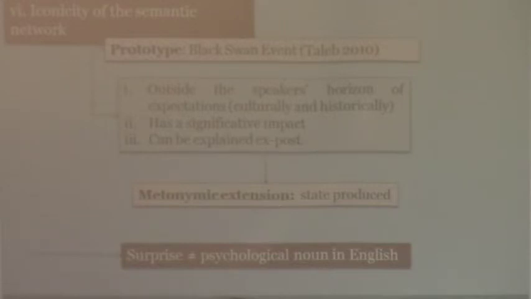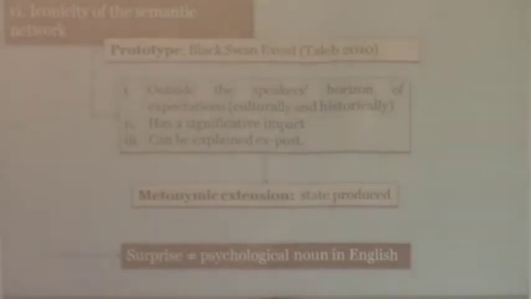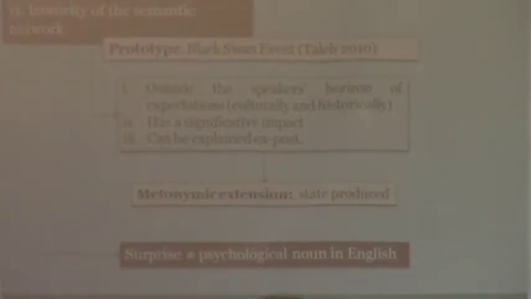The semantic network of surprise, with the stative meaning as a metonymy of the stimulus meaning, seems to be iconic of the surprise scenario. The stimulus prototype may be compared with the definition of a black swan event proposed by Taleb. It has to be outside the speaker's horizon of expectations, both culturally and historically.